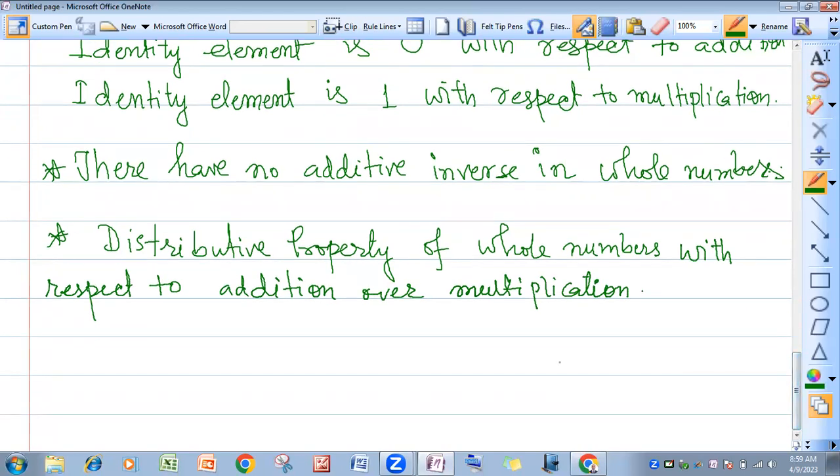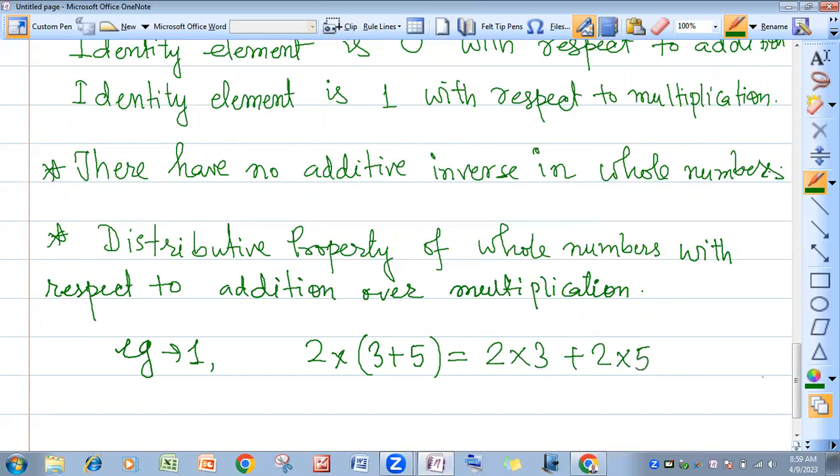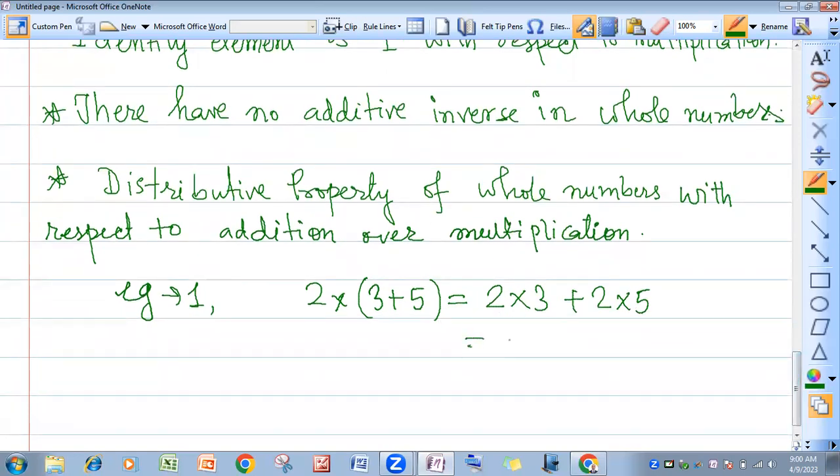So we have to see one example here. Suppose 2 into (3 plus 5). Here, with respect to multiplication over addition, this will be 2 into 3 plus 2 into 5. So this gives us 6 plus 10, that is 16.